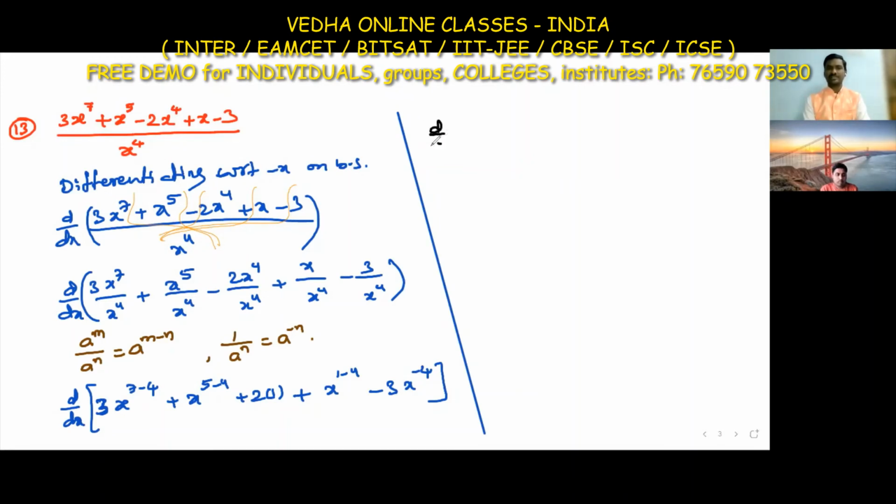So d by dx of 3 into x to the power 7 minus 4 is 3x power 3, plus d by dx of x to the power 5 minus 4 means 1, plus d by dx of 2 ones are 2, plus d by dx of x power 1 minus 4 means minus 3, minus d by dx of 3 into x power minus 4.